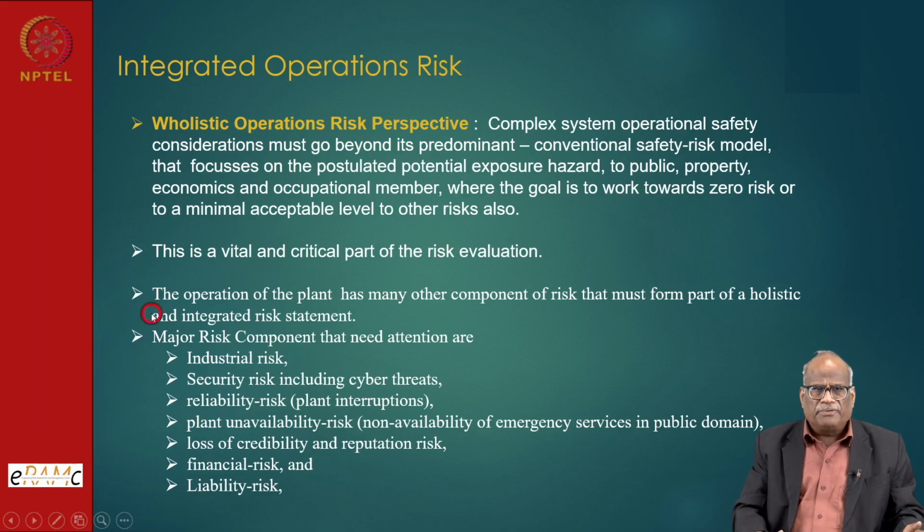But then our definition is getting wider in terms of what should be considered in the risk, and of course the other side of it is safety. So industrial risk is a very important component, though it has only local effect, but it should form part of the risk matrix. Then security risk should be there, and cyber threats.